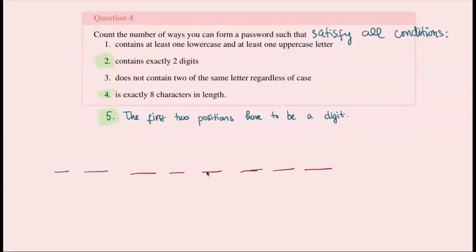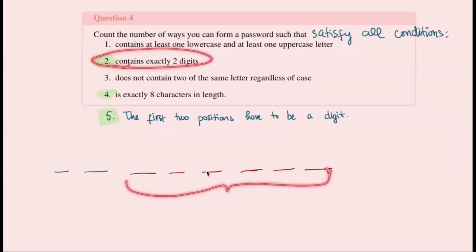And then the password is 8 characters in length, which means that the first two positions here have to be some kind of digit. And since the password contains 8 characters, we have 6 spots left. And they have to be all letters because the password only contains exactly 2 digits and we already have the 2 digits here.